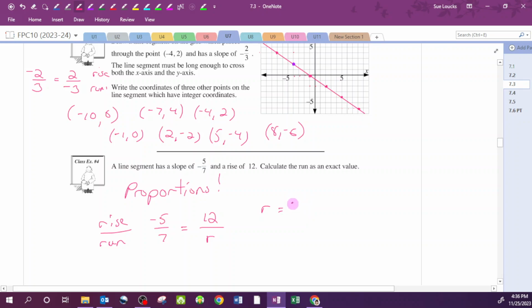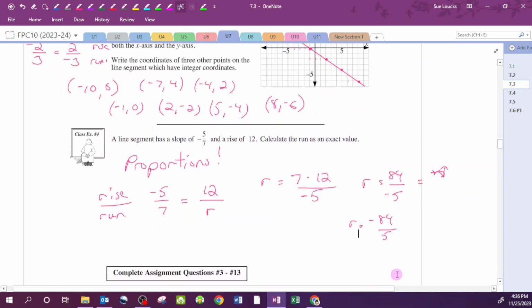So R equals 7 times 12 divided by negative 5. R equals 84 over negative 5, but then I would write that as R equals negative 84 over positive 5, because we usually write the negative on top. That seems weird, doesn't it? But you know how we can check if they're the same? We can use our calculator.